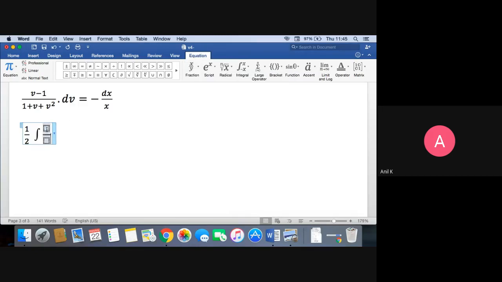Certain steps will come all of a sudden, so you have to be very careful. It will be 2v plus 1, then this will come as minus 3. Your numerator will be as it is.